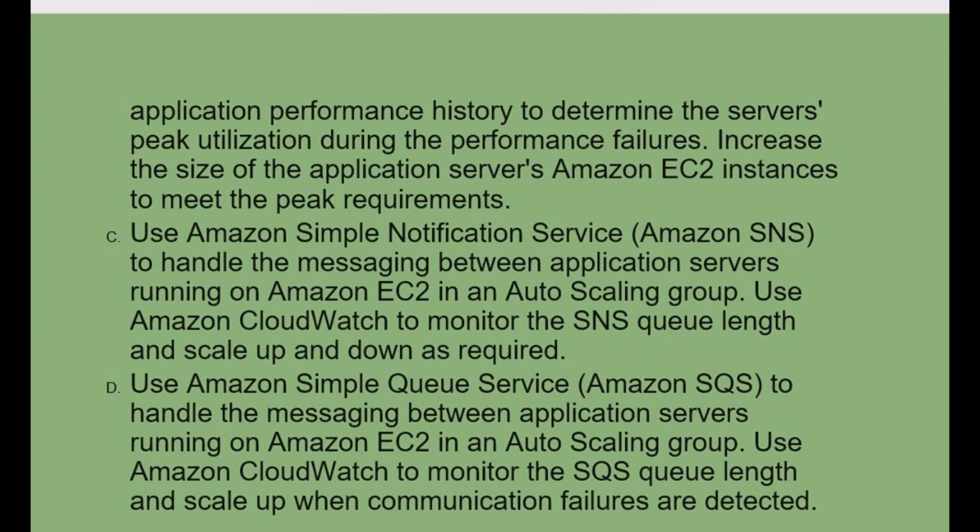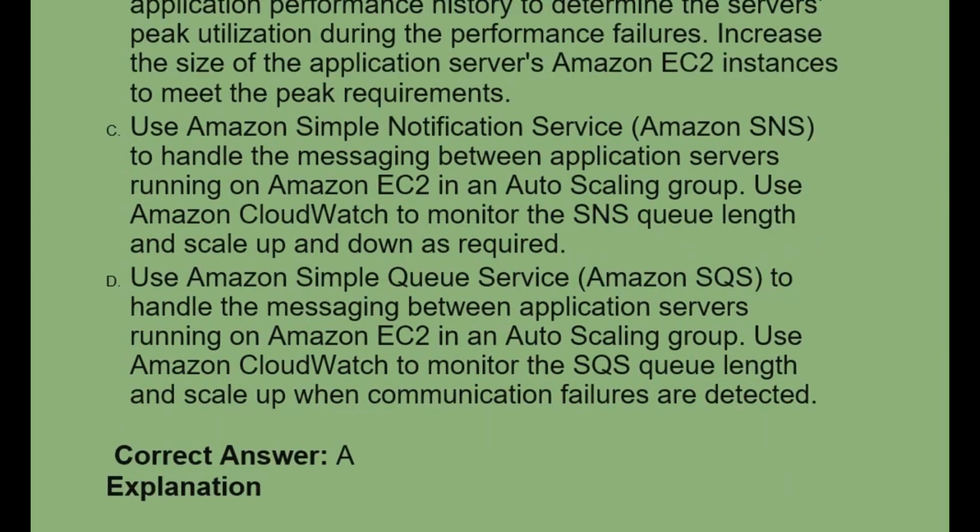Option D. Use Amazon Simple Queue Service, Amazon SQS, to handle the messaging between application servers running on Amazon EC2 in an auto-scaling group. Use Amazon CloudWatch to monitor the SQS queue length and scale up when communication failures are detected. Correct answer is option A.